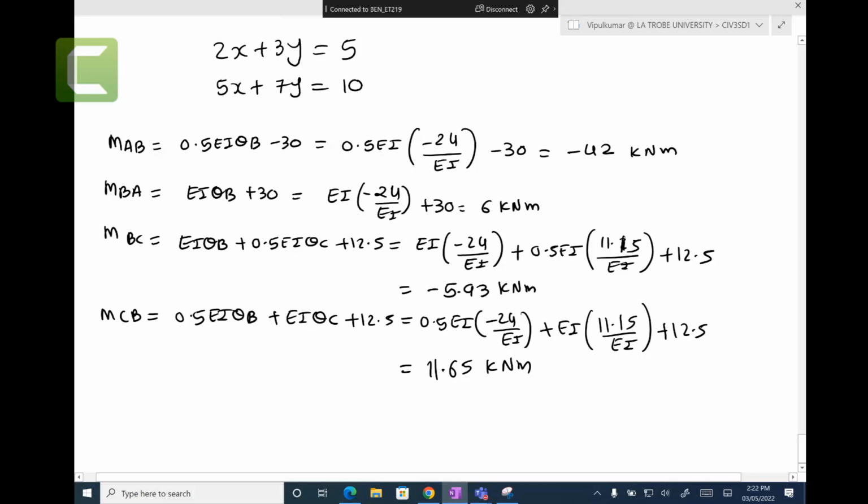Oh, we stop here. Forget to stop. 6 and this one are matching, right? Minus 5.93 versus 6 is rounding error as I mentioned.